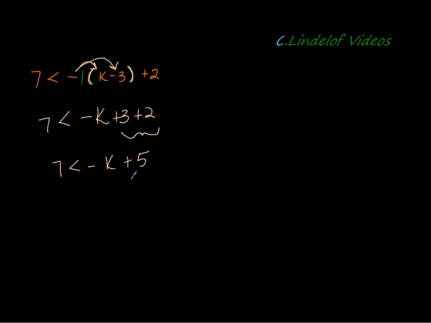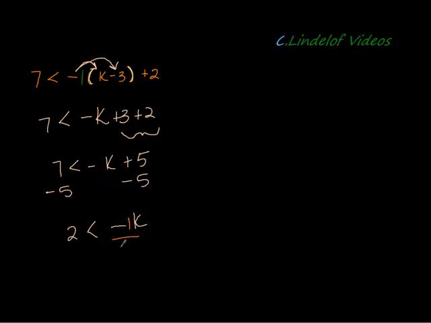I'm going to continue to solve. I'm going to subtract 5 from both sides. 7 minus 5 is 2. 2 is less than -k, otherwise known sometimes as opposite k. So remember, again, when you see just a negative sign in front of a variable, that value is actually a -1.